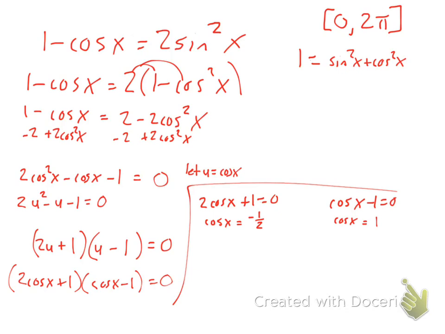Cosine's negative where? How many places? Okay, where? What quadrants? Come on. Cosine. Negative. Second and third. What angle gives you a cosine of half?